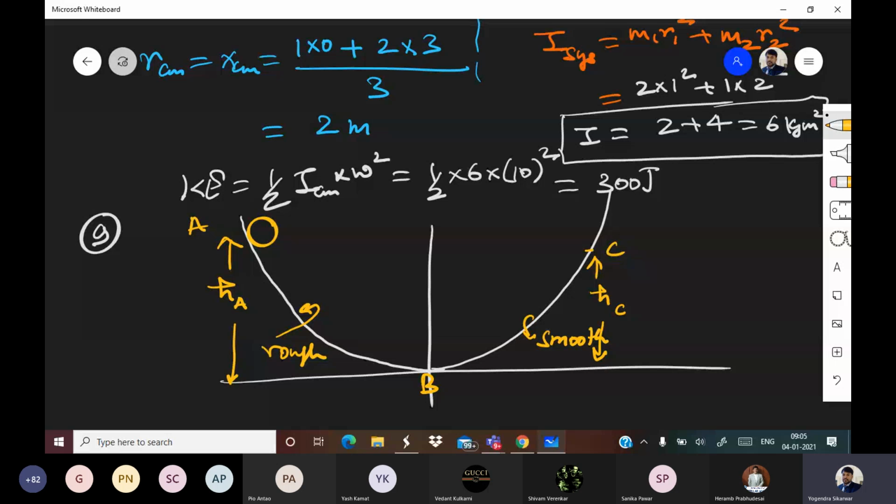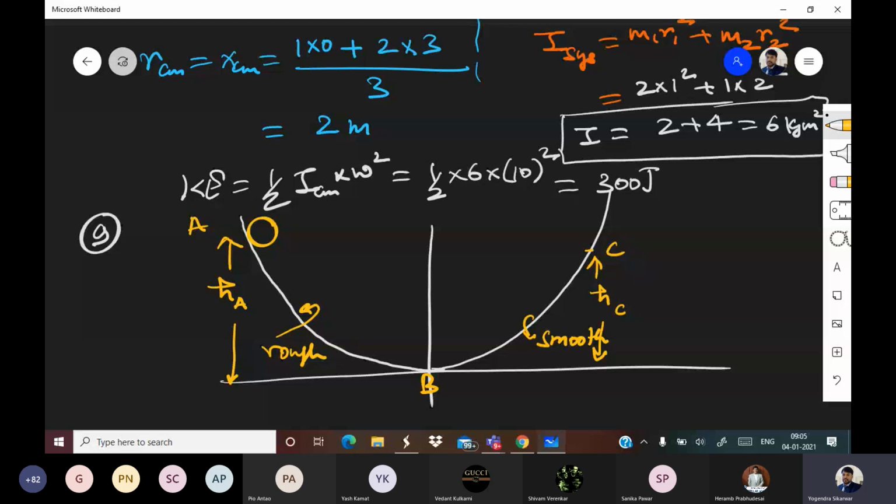So this is point number 1, that your KB will be greater than KC. That means your options will be either A or B. Either your HC will be bigger or HA will be bigger, right? So this is point number 1.